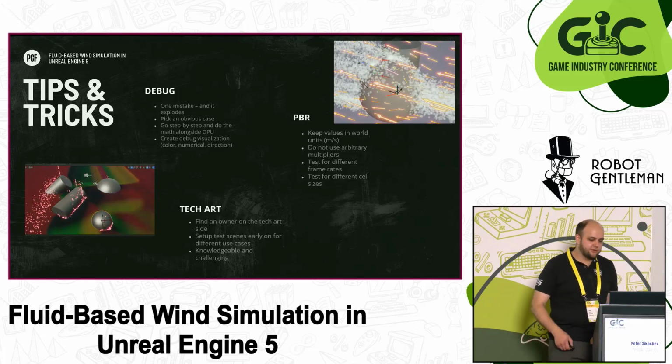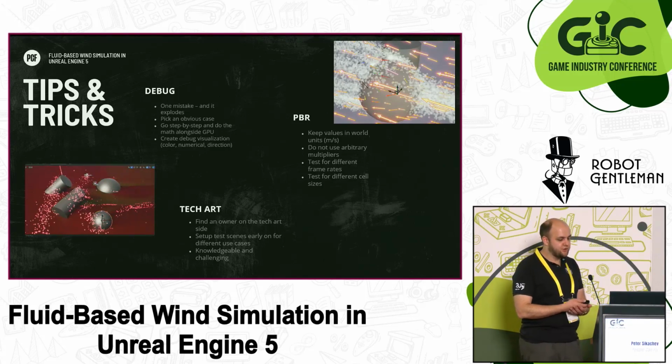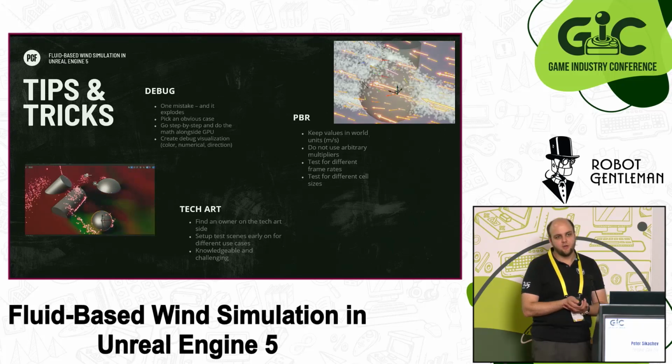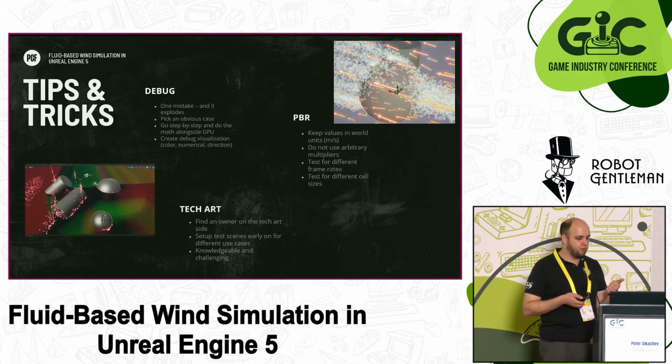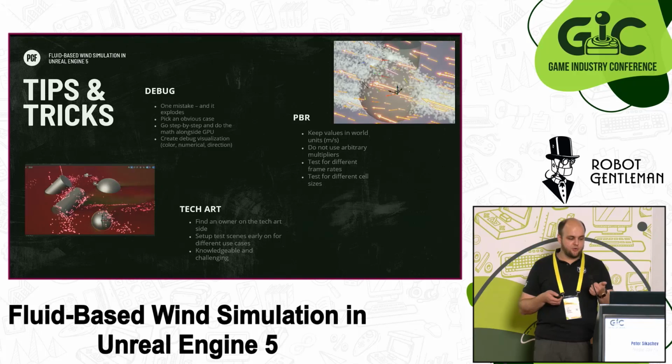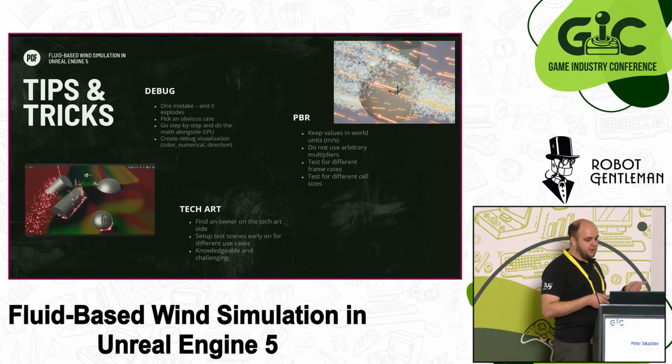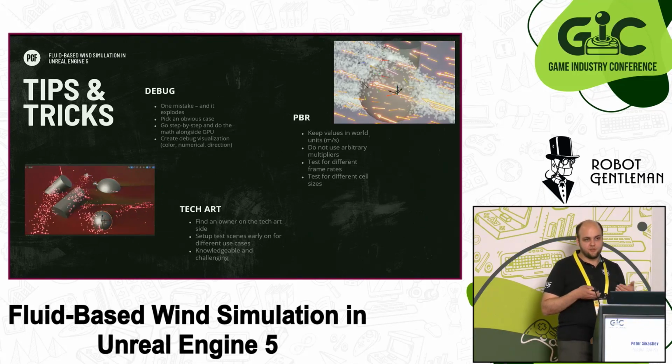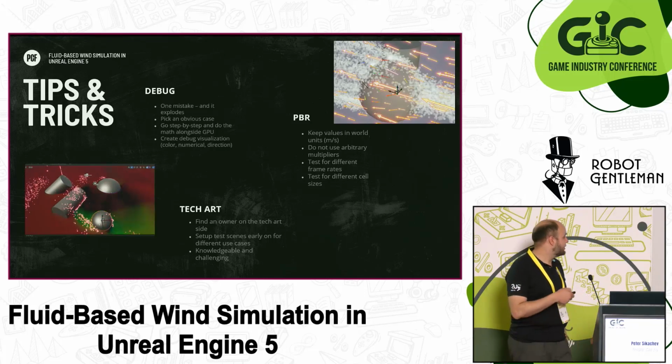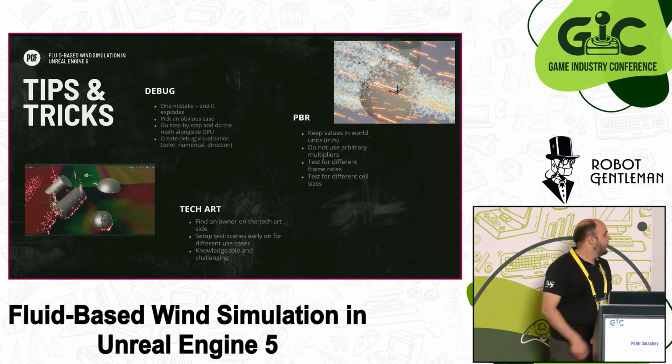And you need some visualization. A good one would be to have color coding for it, numerical, so you can check the actual value and the direction, as shown here.